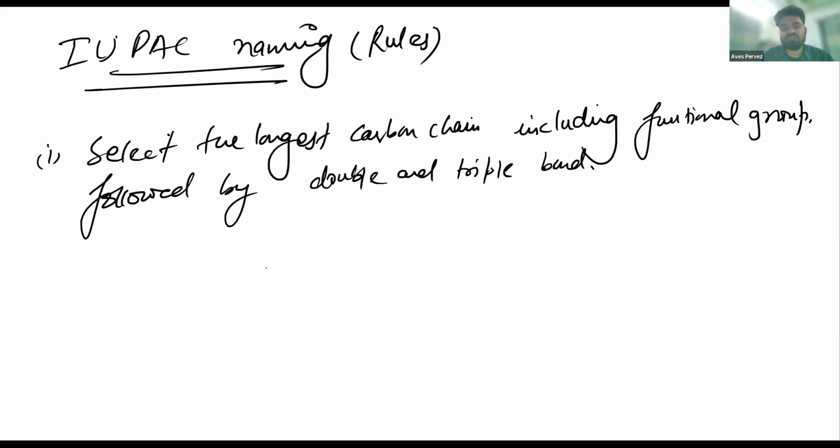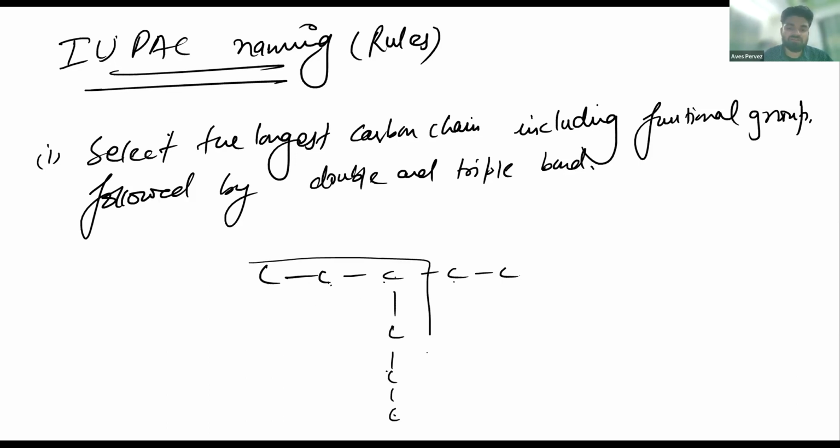What does it mean? For example, if we have this hydrocarbon, and you count it this way, 1, 2, 3, 4, 5, this is the longest carbon. If you take it like this, 1, 2, 3, 4, 5, 6, this is the longest, which is of 6 carbons. Select the longest carbon chain always.